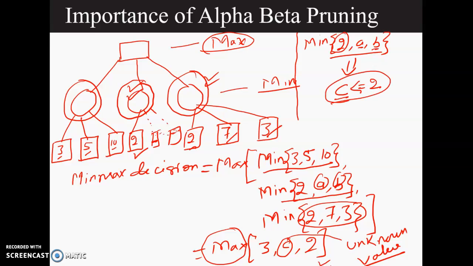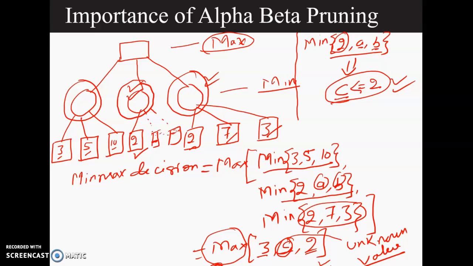So if this is the case, then we can say that maximum of 3, C and 2 will be 3 because C is less than or equal to 2. So we will get 3 as a maximum. So what does it mean?